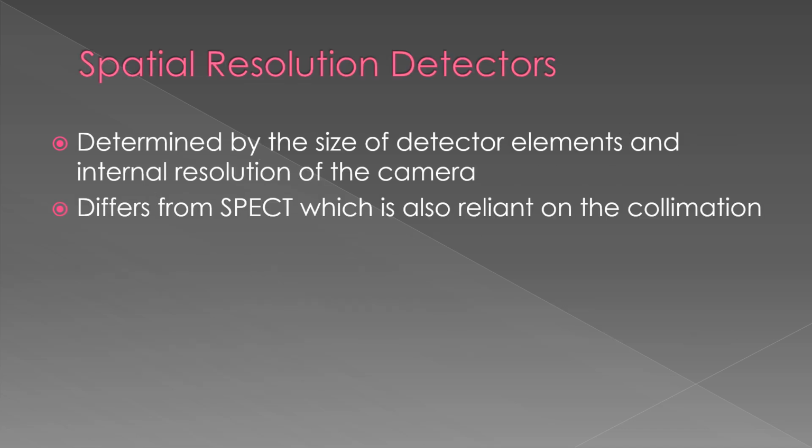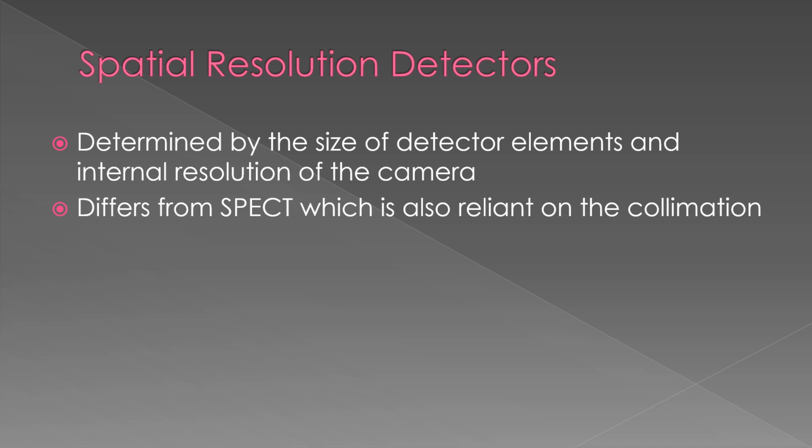Although spatial resolution is improved with PET over general nuclear medicine, there are quite a few things that can influence the spatial resolution. Like I said, the element with positron decay and how much energy that initial positron has will influence how far it travels before it annihilates.